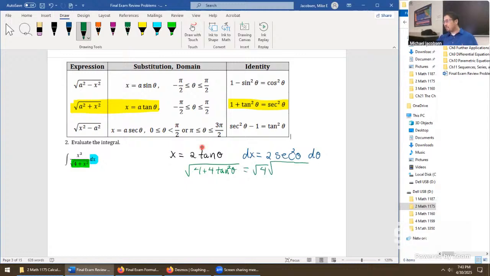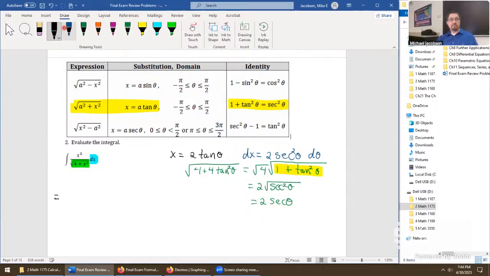This is helping us know exactly what coefficient's in front now. 1 plus tangent squared theta. Then use the highlighted identity in the table. Really, we've been using these identities several times already at this point. And we've got 2 root secant squared theta, which becomes just a 2 secant theta. Absolute values dropped on this domain because cosine's positive on that domain. So is secant.